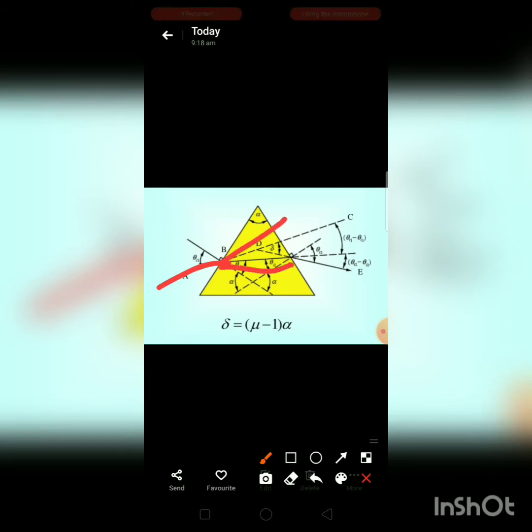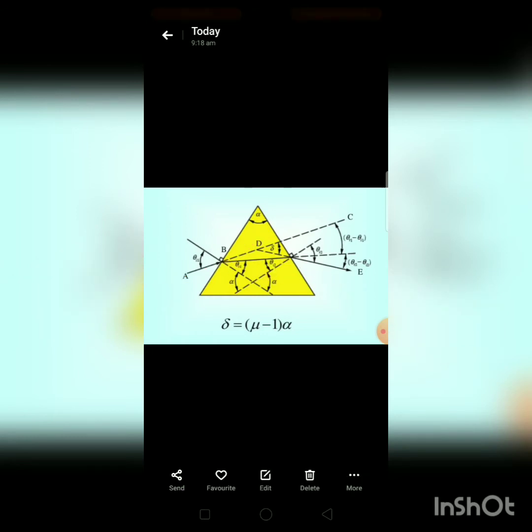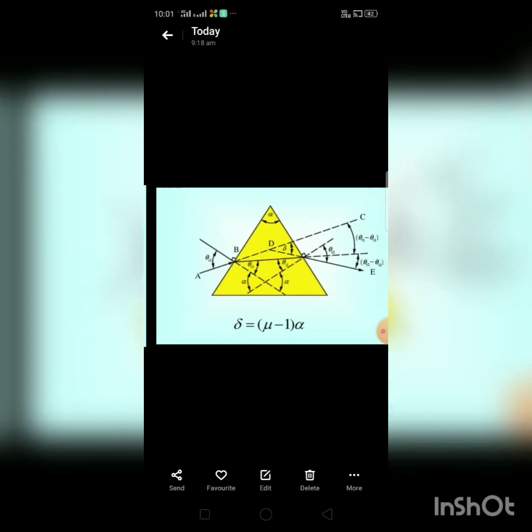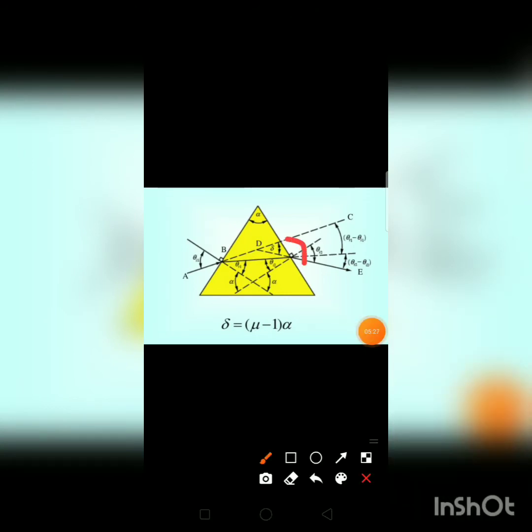Going from rarer to denser, it refracts here. Going from denser to rarer, it again refracts here. You can see the diagram, making an angle of deviation. The first deviation is d1, again deviation d2, so there is a total deviation. These are basic things you already know.